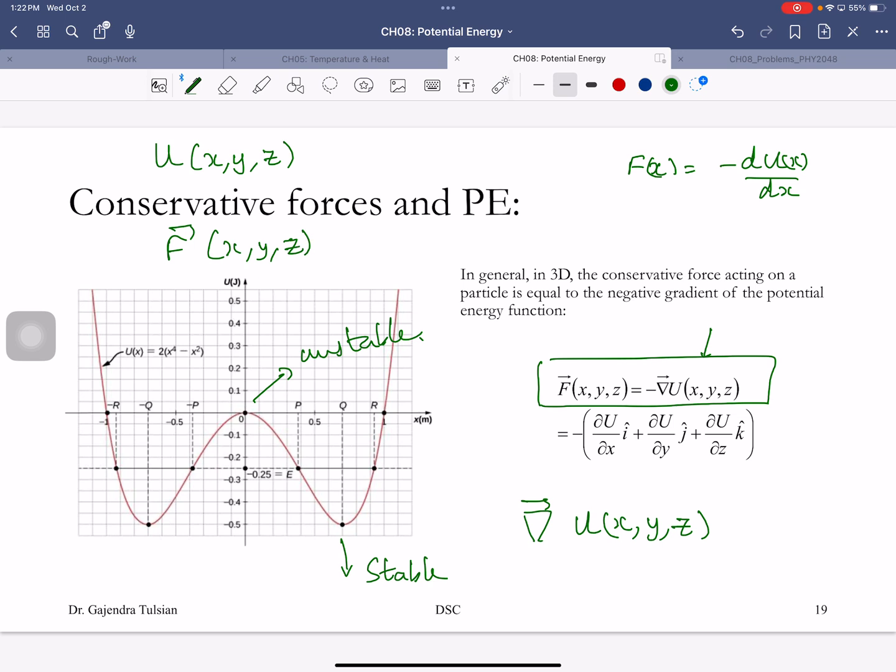Do you know what this gradient operator is? What does this do? Have any of you seen it in any of your calculus classes yet? Yeah, you've seen it? I've never seen it, but I could assume what it does.